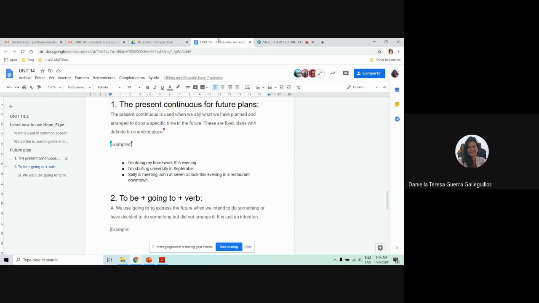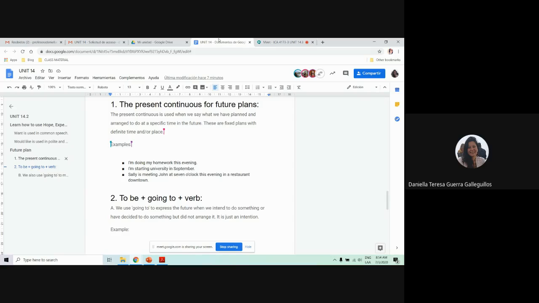Para eso hay dos formas. No es que una sea mejor que la otra, sino que miren, si usan el verbo go, vamos a hacer de ir al supermarket. Si tú dices, I'm going to the supermarket on Tuesday, estás usando present continuous. Y está bien, está planeado. Voy a ir, sujeto, verbo to be, verbo con ing. I'm going to the supermarket on Tuesday.